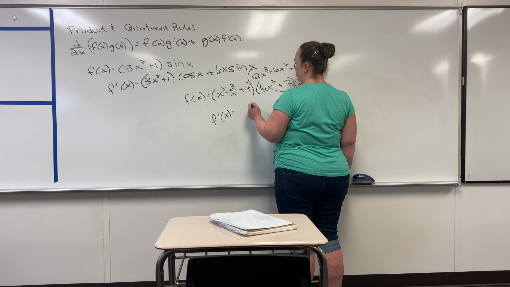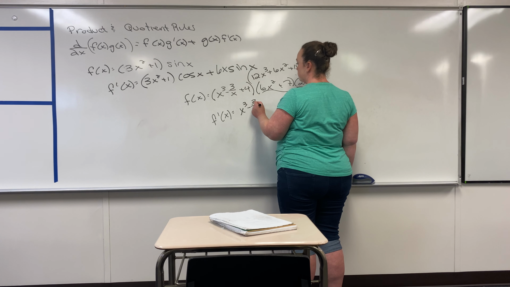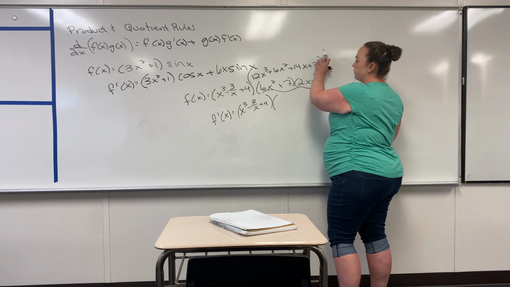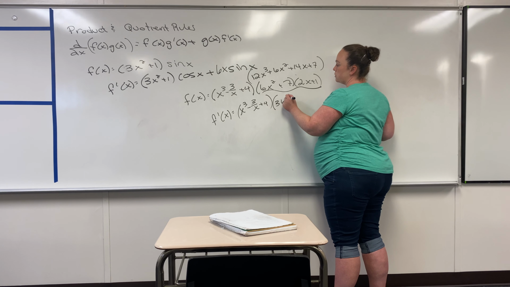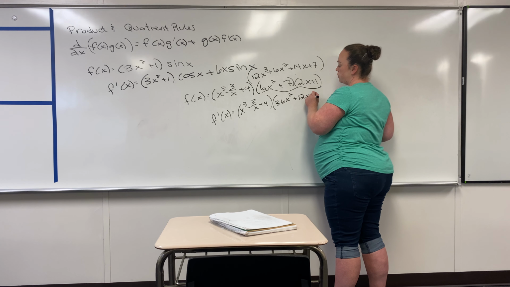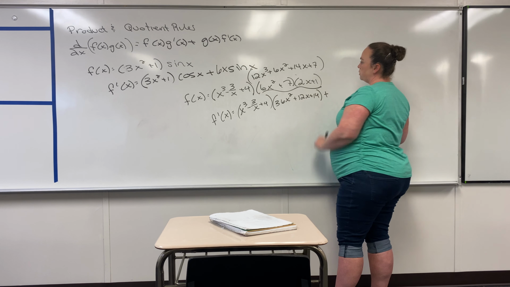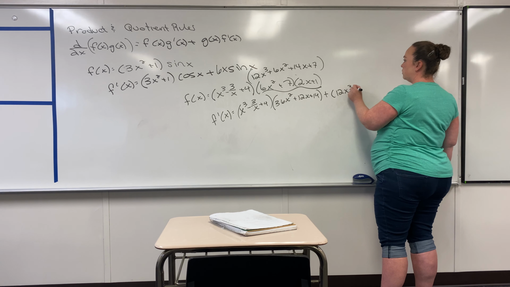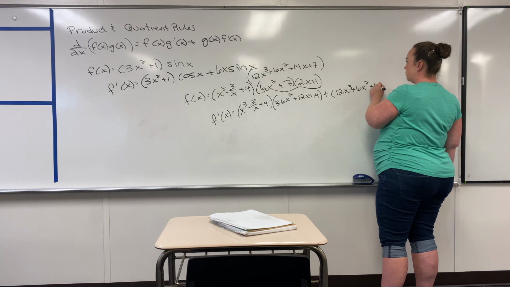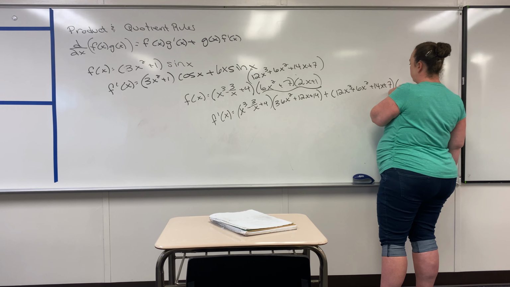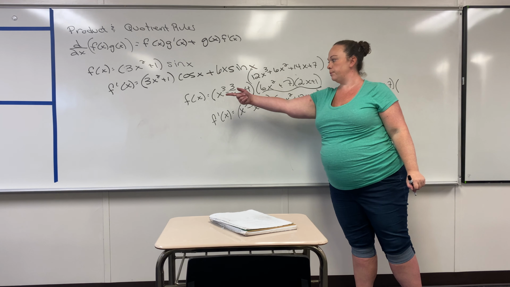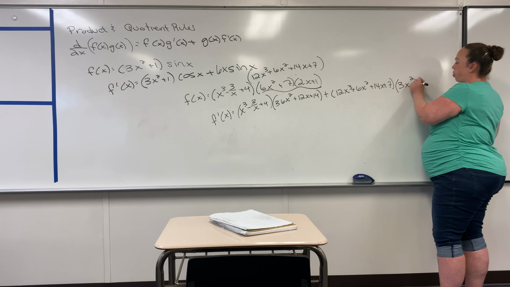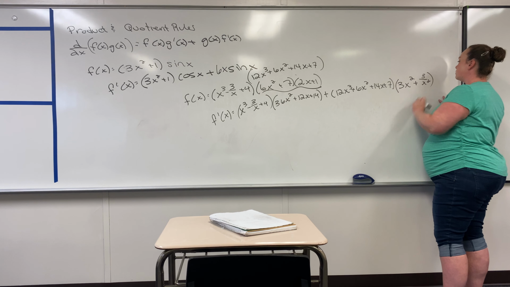So same thing, you've got first, derivative of second, which is the derivative of this nonsense, which is going to be 36x squared plus 12x plus 14 plus second, which is that stuff, derivative of first, which is derivative of this part, which is going to be 3x squared plus 3 over x squared.